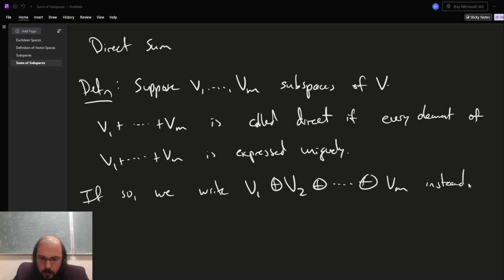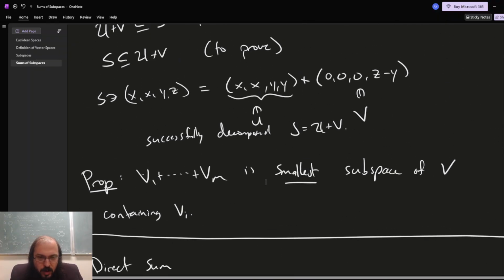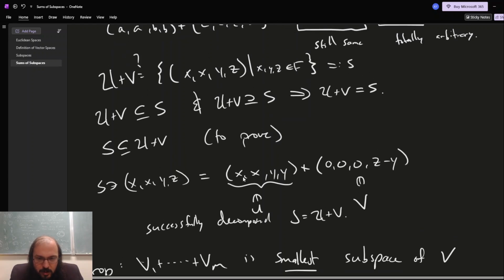So the reason that we like this idea of expressing things uniquely is important is because, well, what if there are multiple different ways of doing things and you want to know that your math is correct? In this situation, this would look to me like an example of a direct sum.